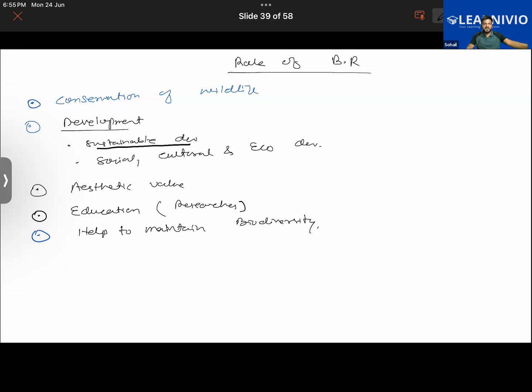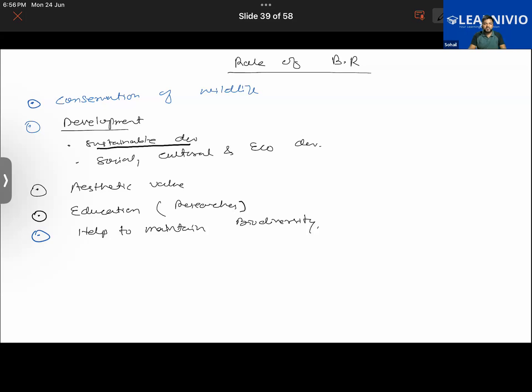Sustainable development, we can define it as an approach to the economic development of a given area, given population, without compromising the quality of the environment.